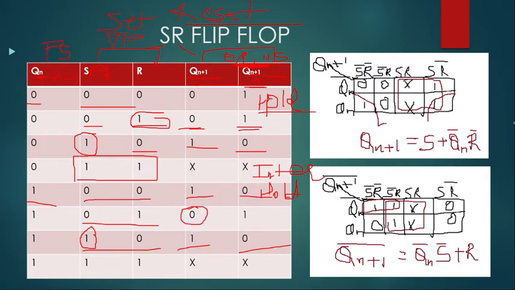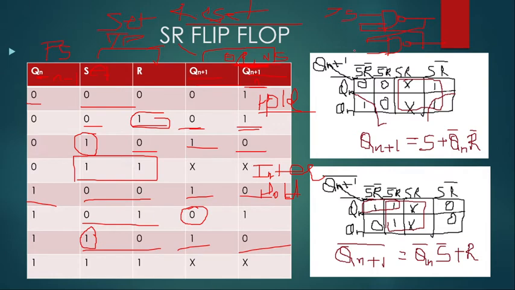So intermediate state means what? Let us take one example. Suppose this is your NAND gate, and this is your cross coupled connection that is done for all the latches.